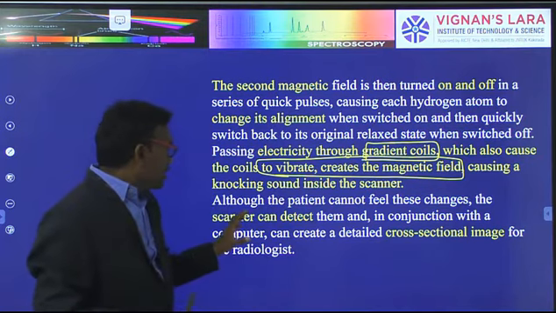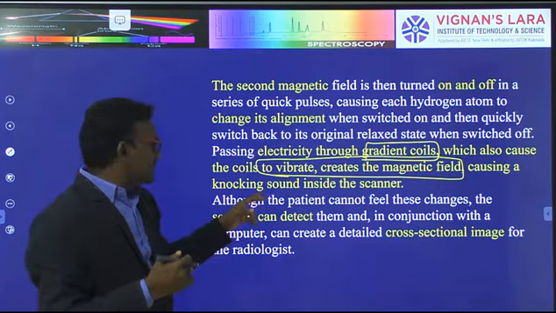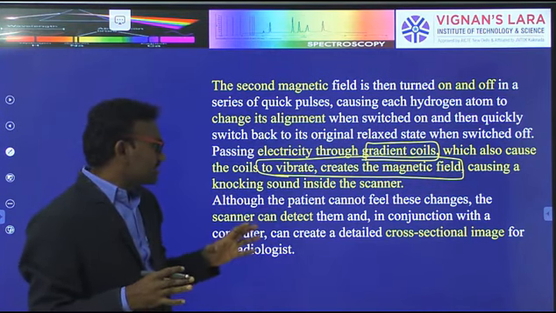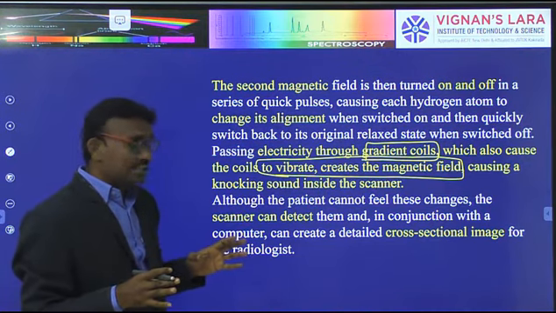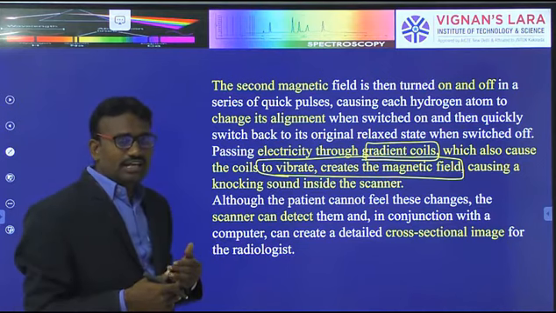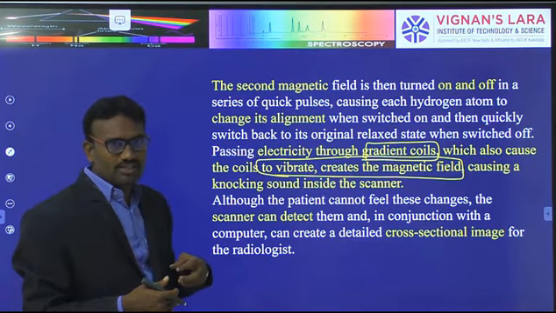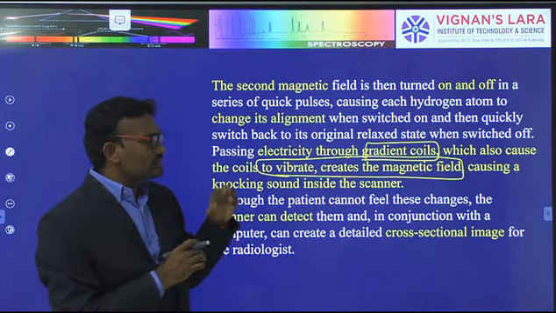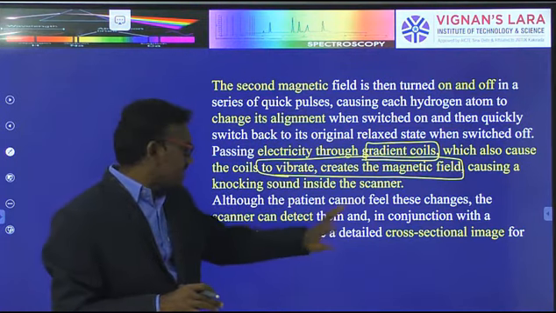During the scanning process some sounds are produced, but the patient cannot feel any changes. The scanner scans our body to detect abnormal organs, and produces the cross-sectional image in a computer.